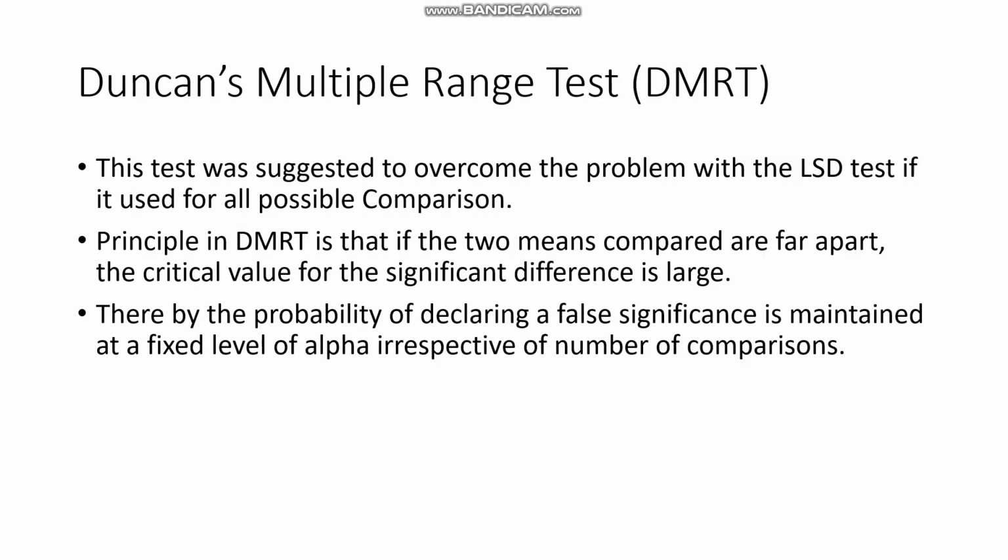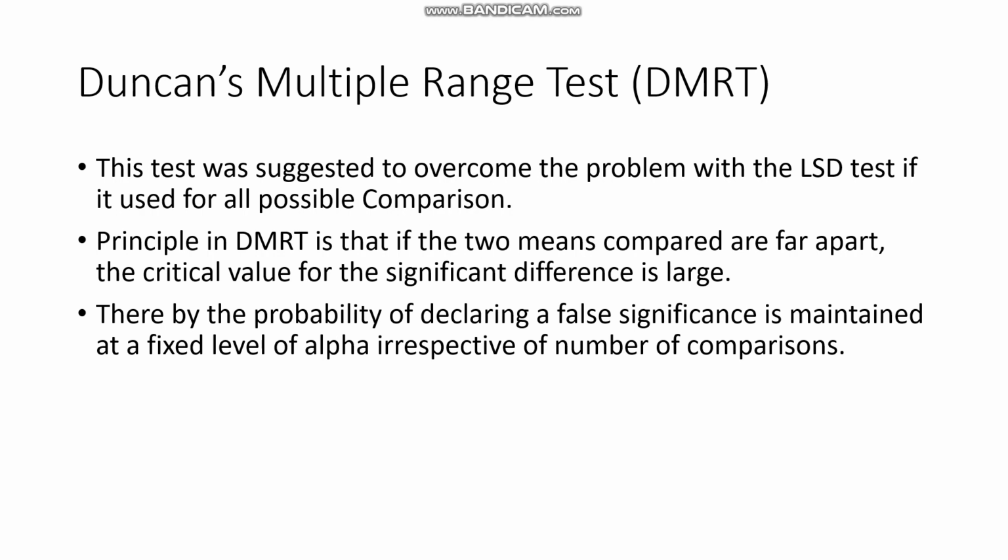Okay, now we are going to turn to Duncan's multiple range test. This test was suggested to overcome the problem with the LSD test if it is used for all possible comparisons. Normally we apply least significant difference tests for pre-planned comparisons. If we have to do all possible comparisons, we have to turn to Duncan's multiple range test. Normally we call it a post-hoc test.